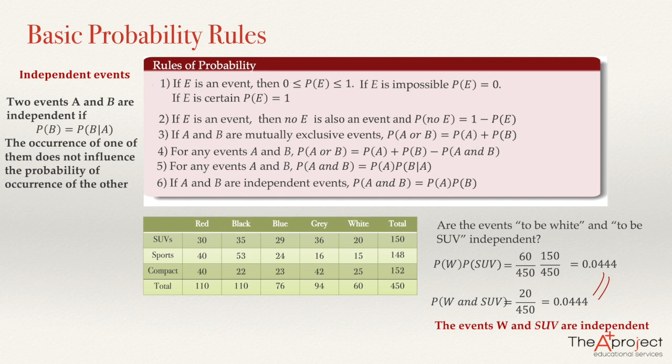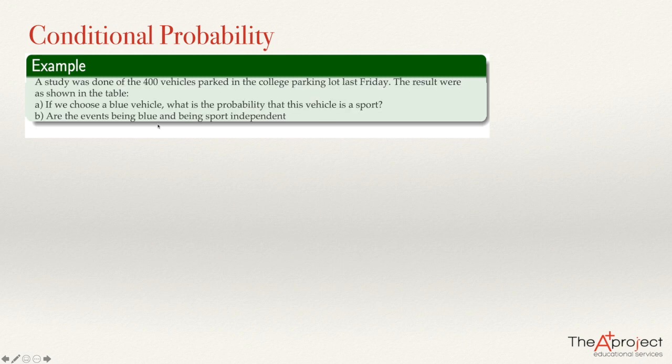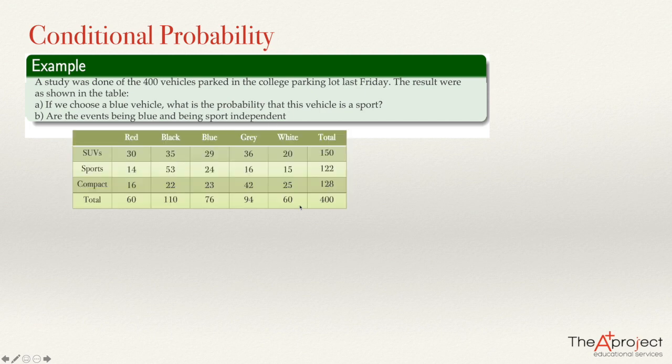Let's continue with the initial problem that we have related to the vehicles in the parking lot. If we choose a blue vehicle, what is the probability that this vehicle is a sport? Are the events being blue and being sport independent? Let's see, this is the initial table.